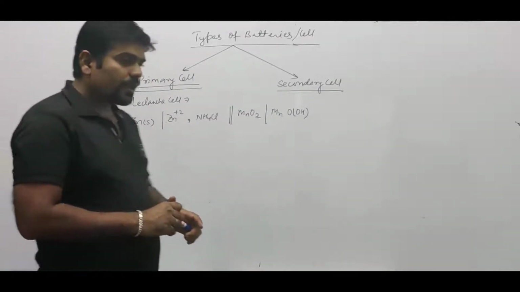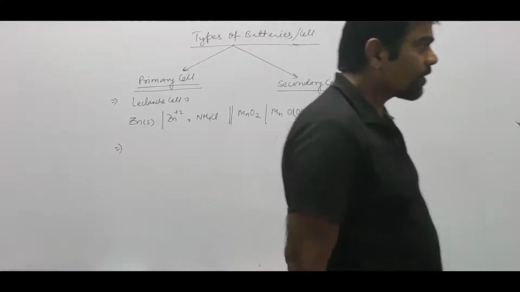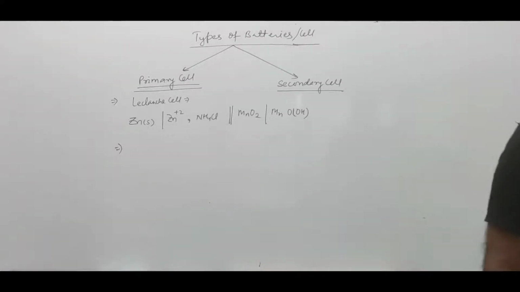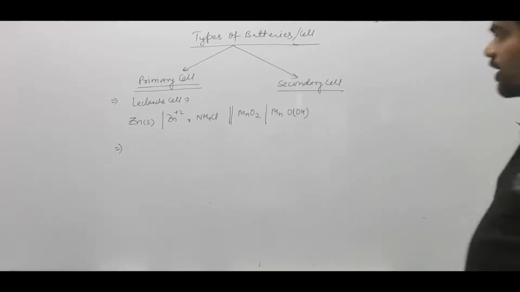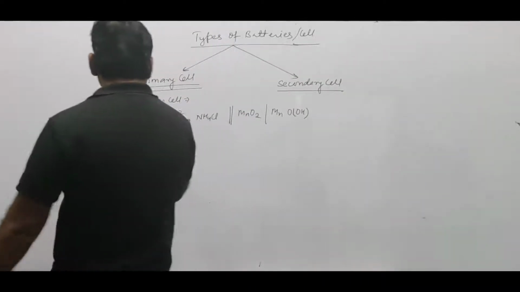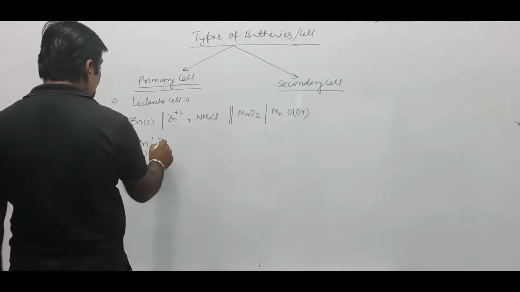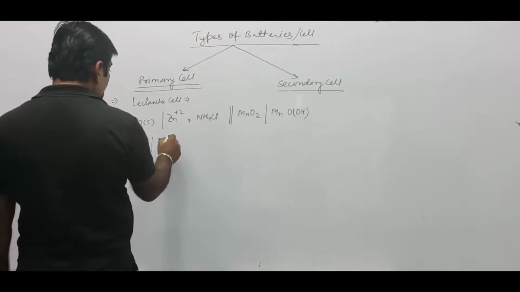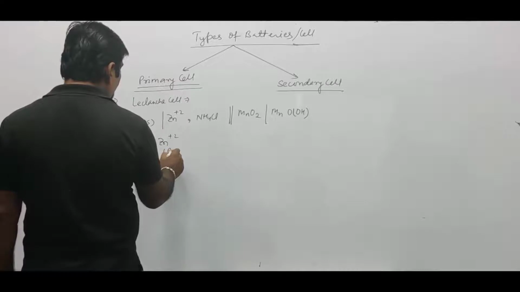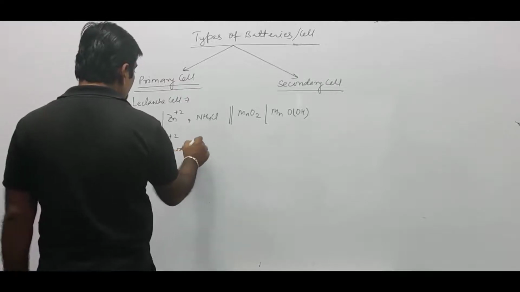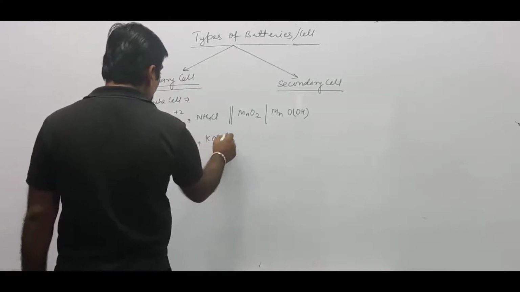Similarly, next is the alkaline cell, where solid zinc is converted to zinc 2 plus, in the form of powder, in alkaline solution KOH.